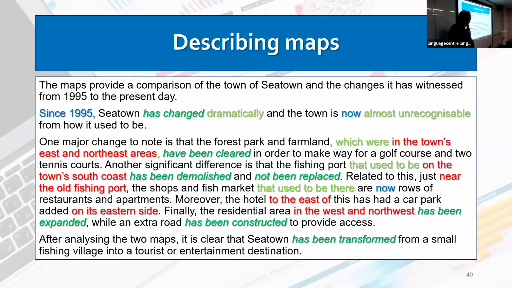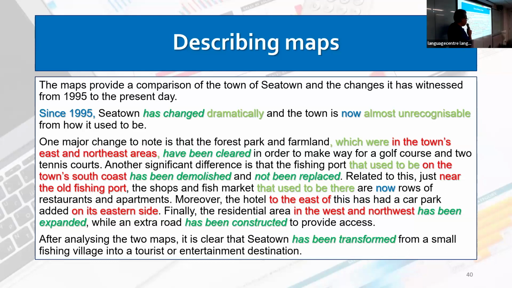And you can see some words highlighted in blue, just to show you readers the exact time that I'm referring to. What happened in 1995 and what happened now.